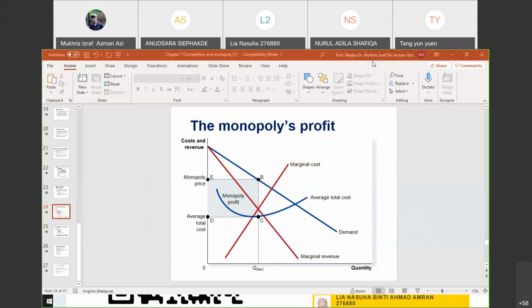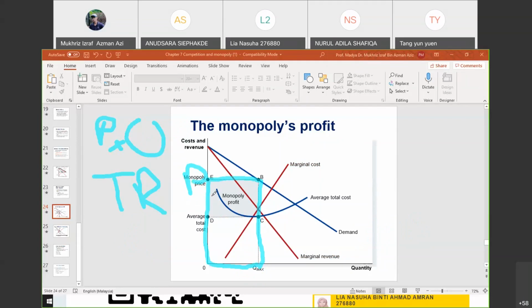We know that TR is P times Q. Price times quantity gives you total revenue. So this is the price, and this is the quantity, meaning this whole blue area is the total revenue. P times Q gives you the TR.